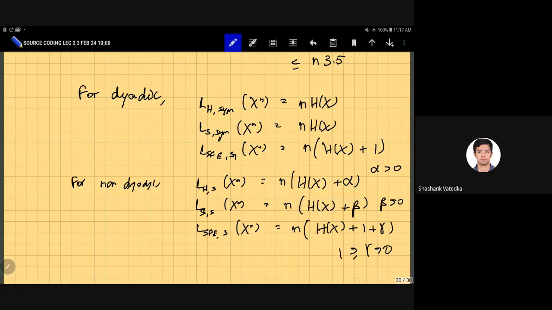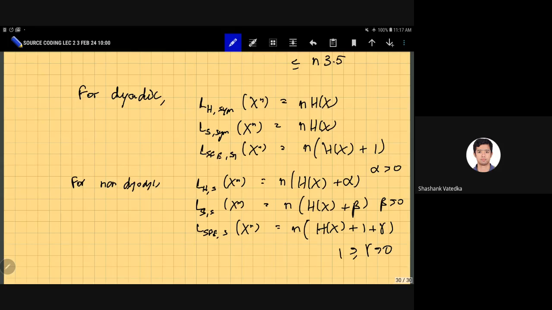So for dyadic sequences, the Huffman code achieves an expected length equal to 1.5 n bits, right? As I said, if it is equal to 1.5 n, it is obviously less than or equal to 1.5 n bits.